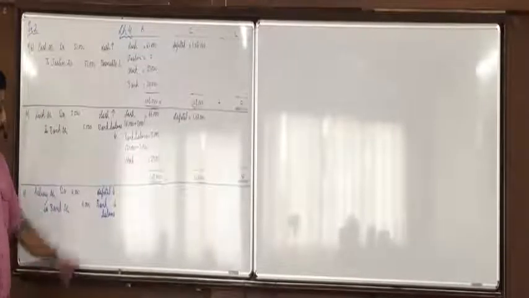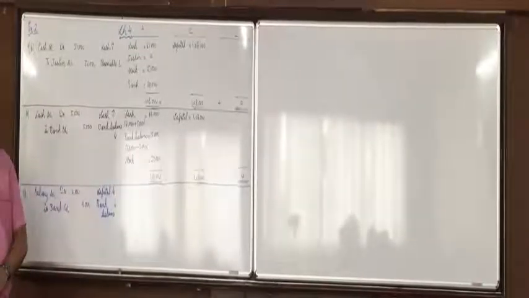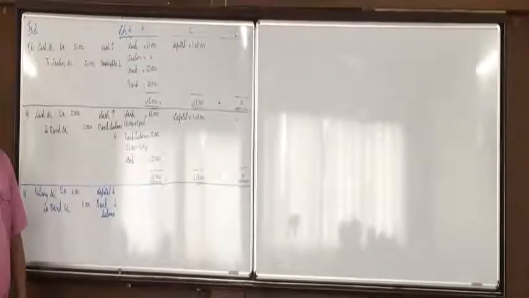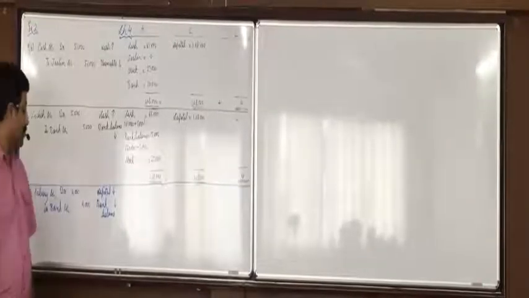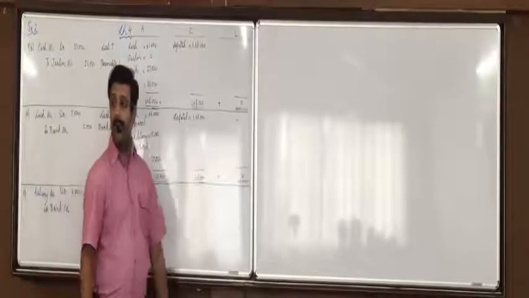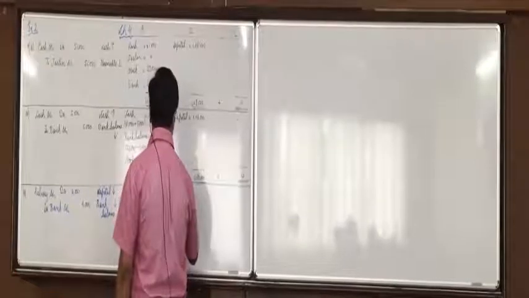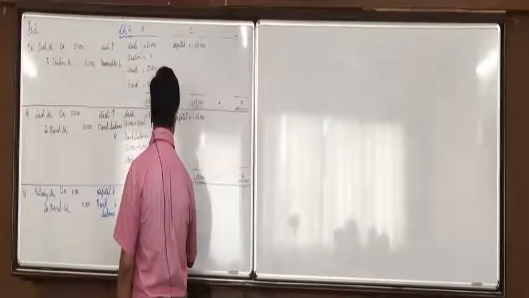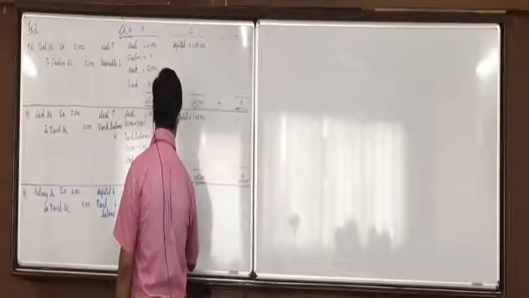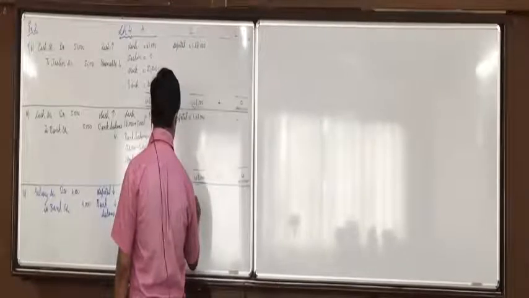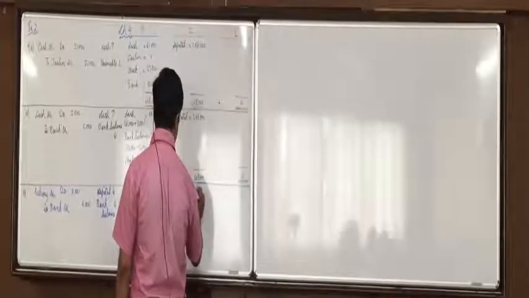Now, Rima, how much capital we will write? 1,08,000 minus 4,000, decreases so you will minus. Capital will become 1,04,000.